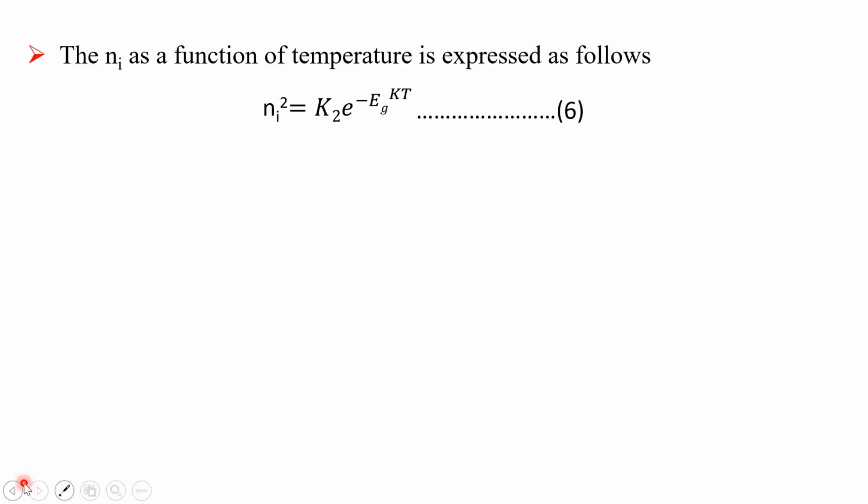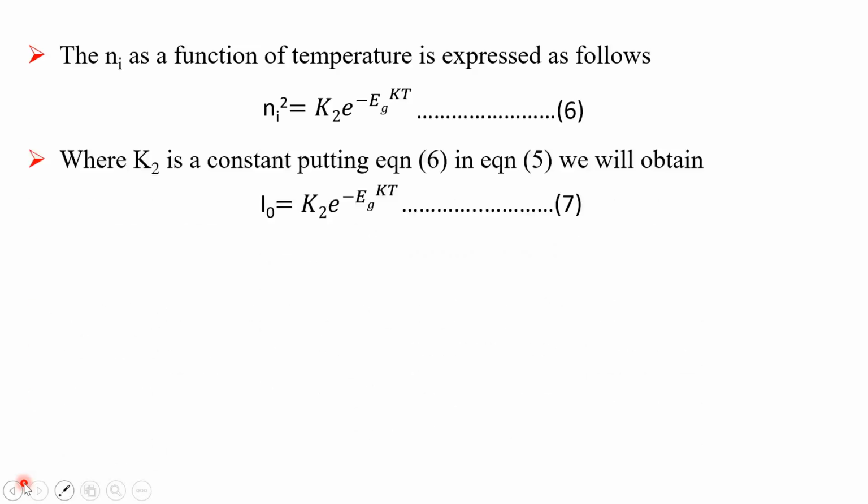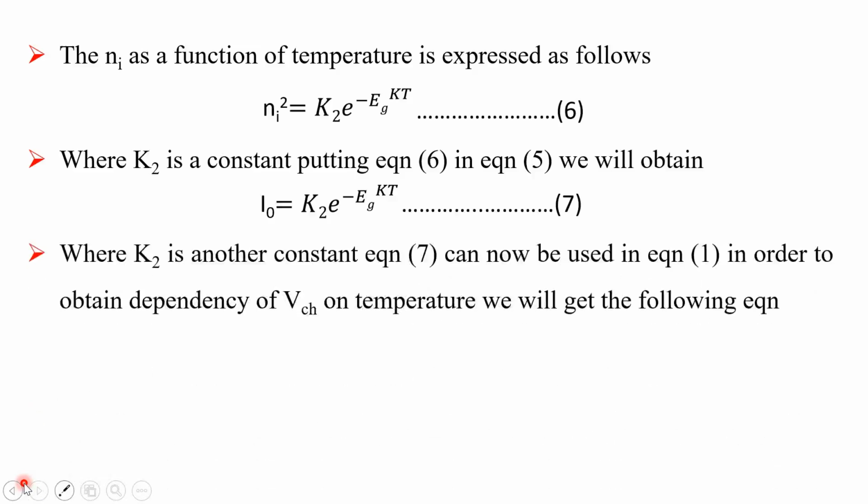That is equation number 6, where K_2 is a constant. Putting equation 6 in equation 5, we obtain I_0 is equal to K_2 e raised to minus E_g upon kT, where K_2 is another constant. That is equation number 7.